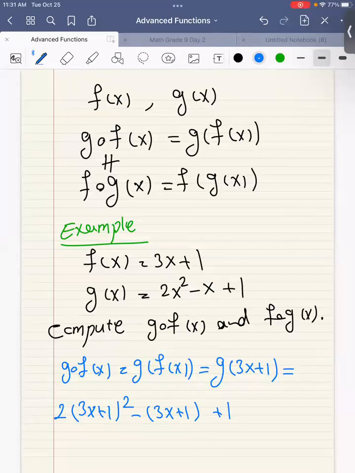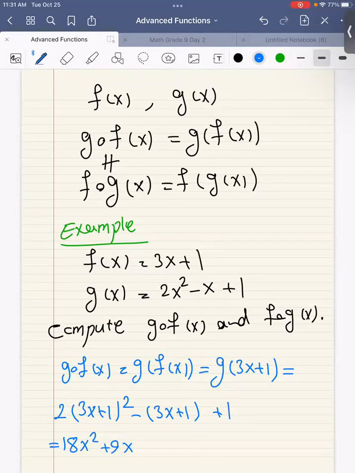And now (3x plus 1) squared would be 9x squared. When you multiply it by 2, you get 18x squared. And then you have 6x times 2, 12x, minus 3x, so you have plus 9x, right?